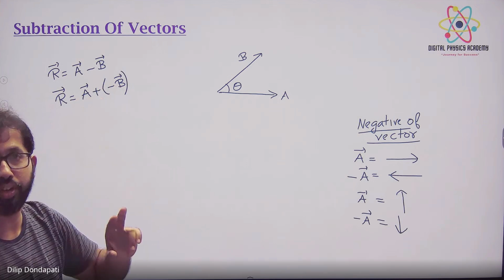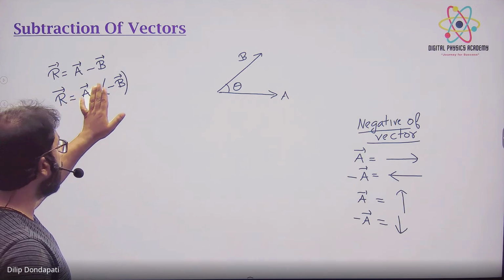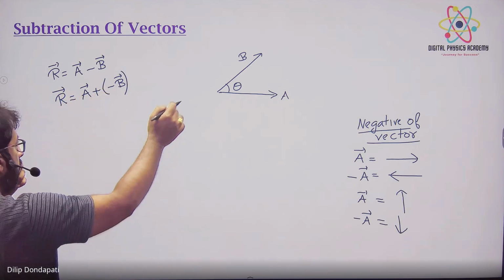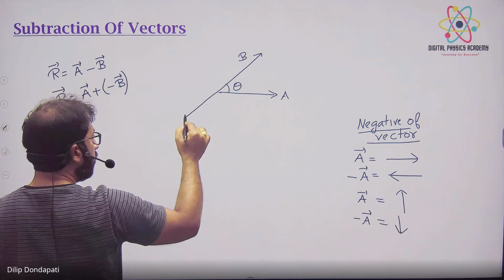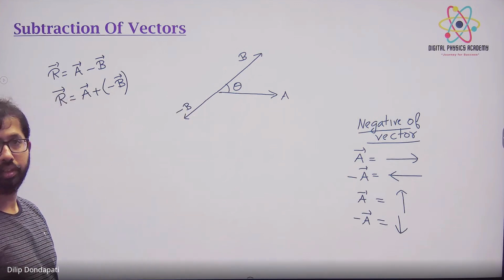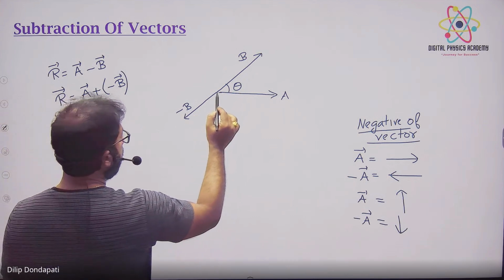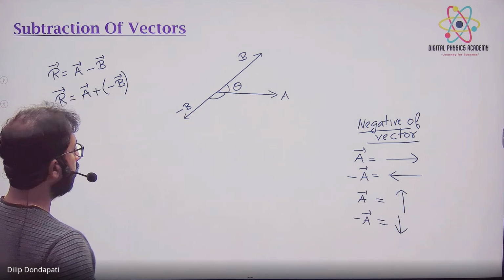Indirectly we are doing addition of a vector minus b vector. Now draw minus b vector. b vector is like this, and minus b vector will be in the opposite direction. Now tell me, what is the angle between them? Angle is 180 minus theta.